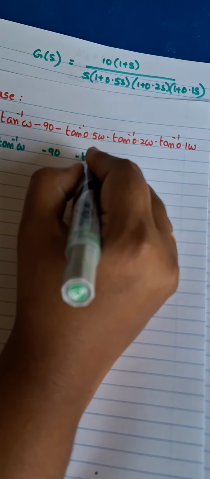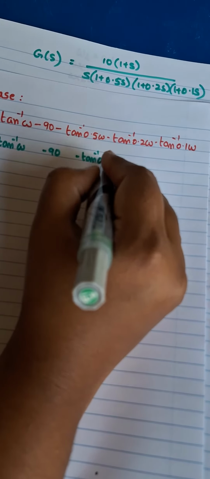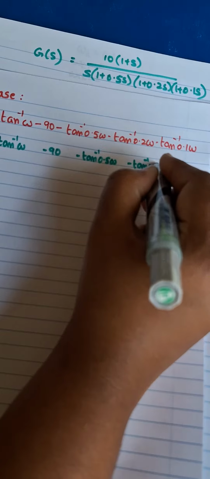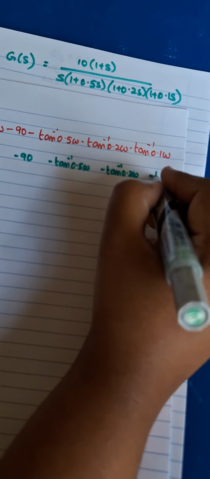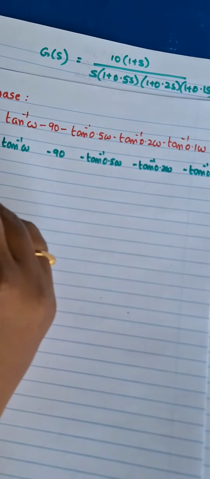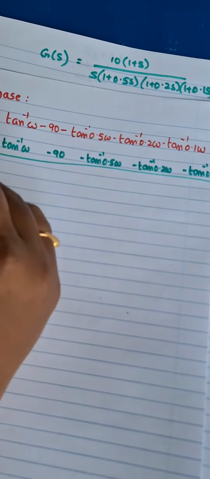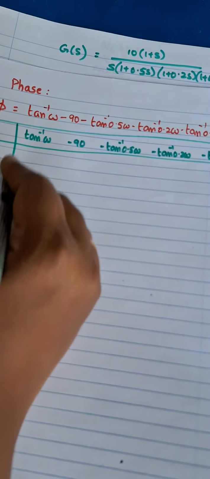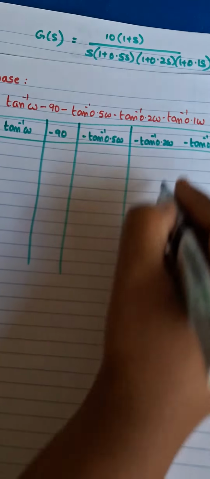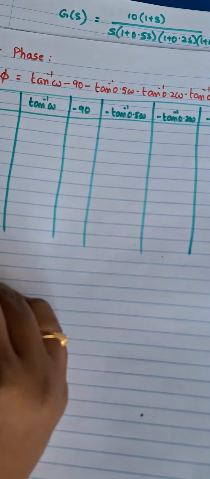Then find minus tan inverse 0.5 omega, then minus tan inverse 0.2 omega, then minus tan inverse 0.1 omega. So just create a table like this. Easy way of calculating phase.